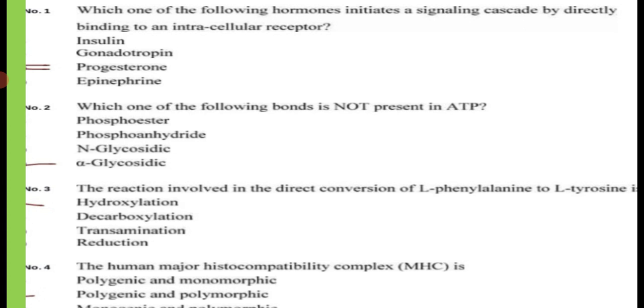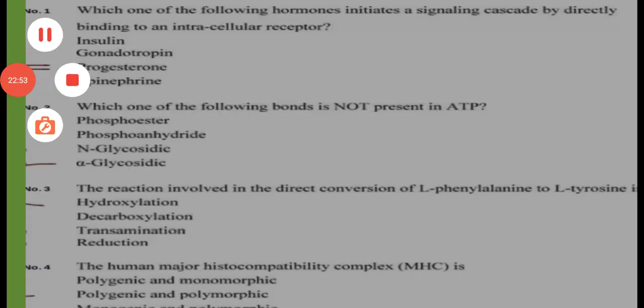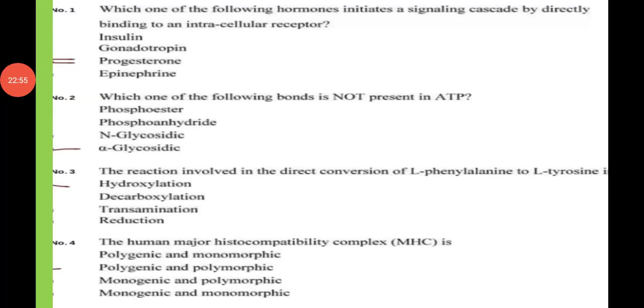Which one of the following hormones initiates a signaling cascade by directly binding to an intracellular receptor? Read this question carefully. The hormone which has an intracellular receptor.